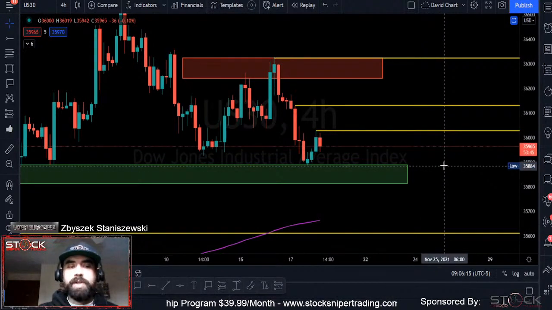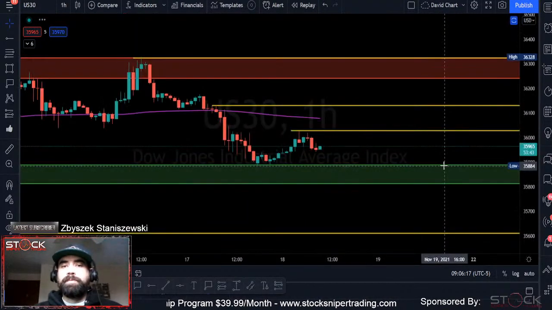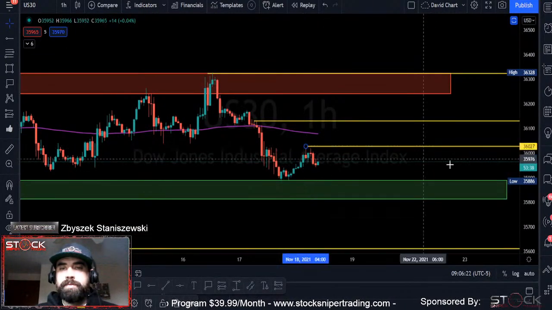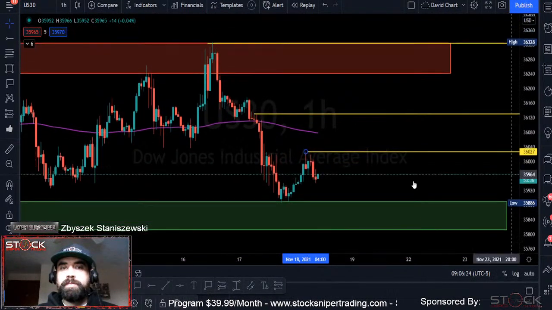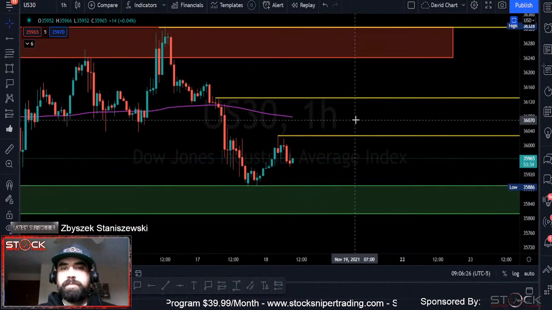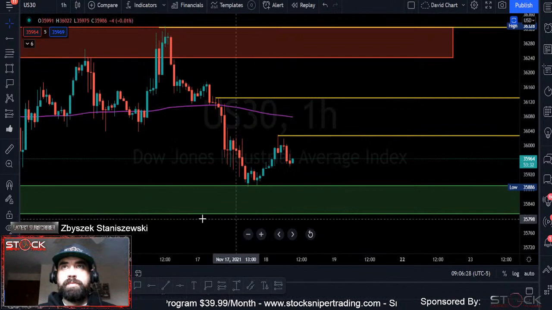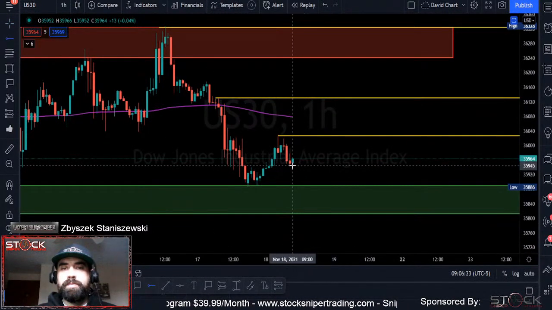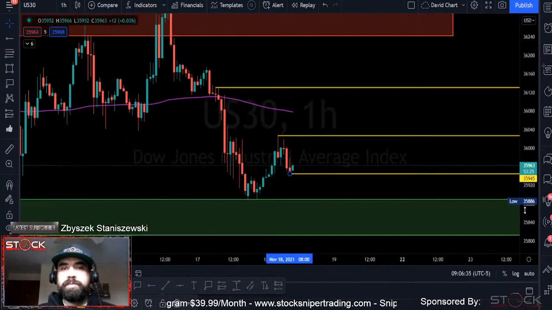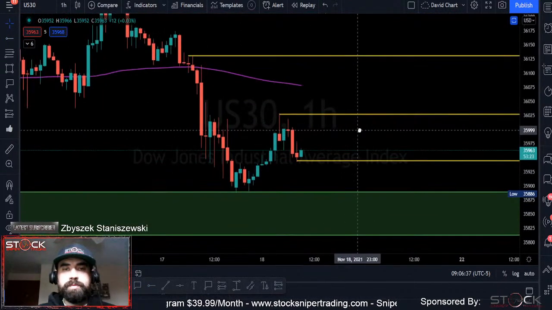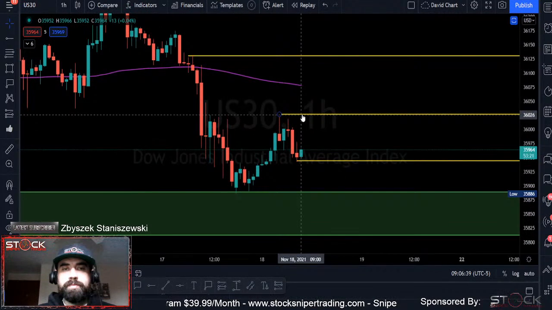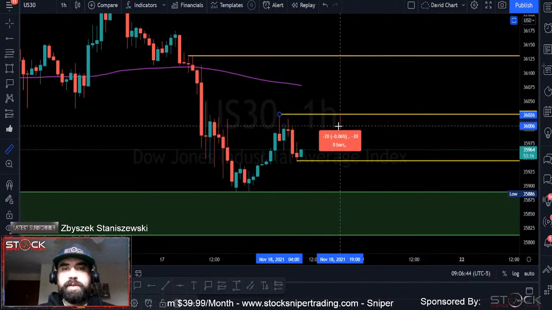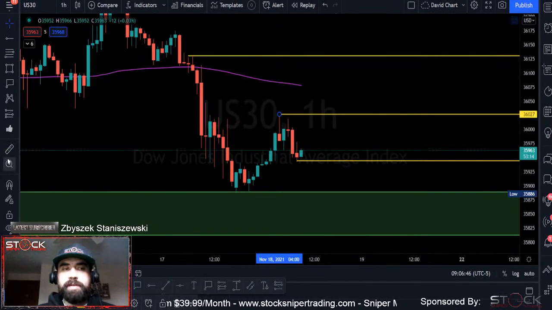Okay, so you can see now we're going to drop it down to the hourly. Let's check out how far we are from this range to this range. 26 pips, that's good enough.